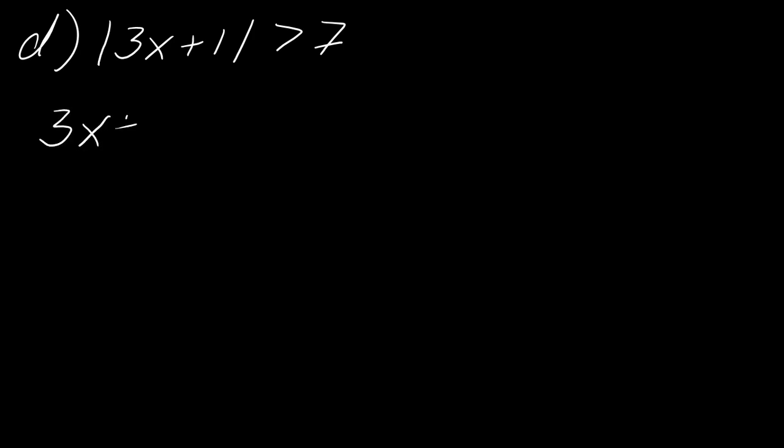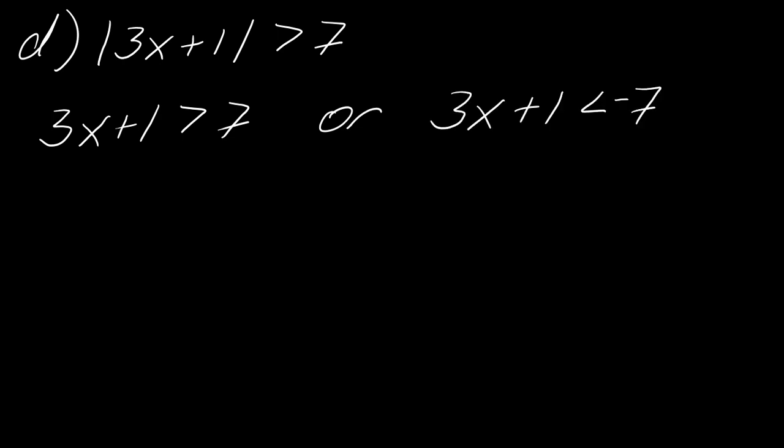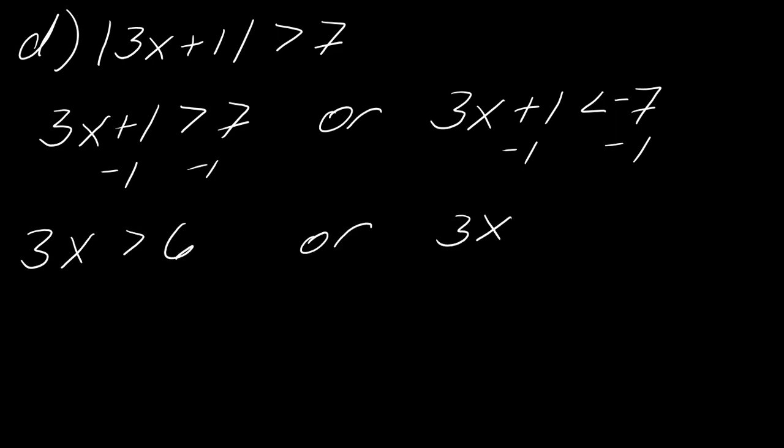Okay, so now I'm going to have 3x plus 1 is greater than 7. And since it's a greater than, then it's going to be an or. 3x plus 1 is less than -7. And so now I can go through the work to solve each inequality. So this becomes 3x is greater than 6, or 3x is less than -8.